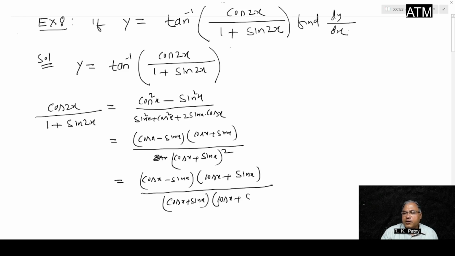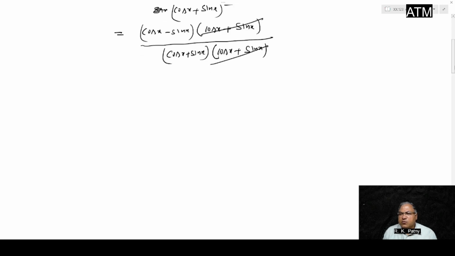This and this cancel out. So what do you get here? You get cos x minus sin x upon cos x plus sin x.